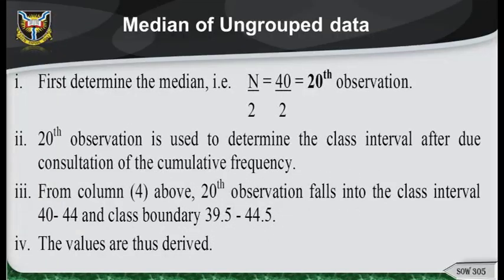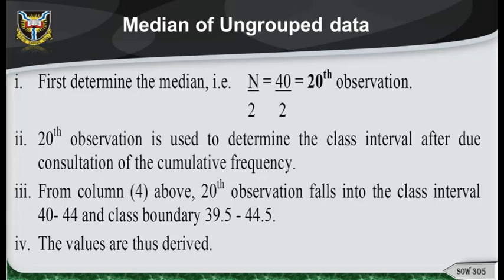First, determine the median. For example, N divided by 2 is equal to 40 divided by 2, which is equal to the 20th observation. Second, the 20th observation is used to determine the class interval after due consultation of the cumulative frequency.